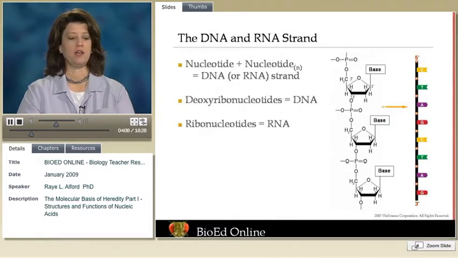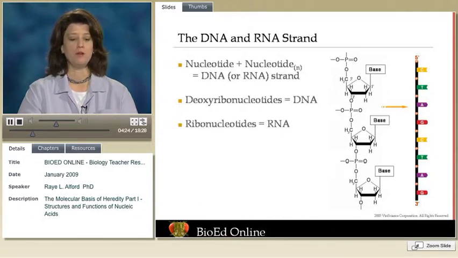DNA and RNA nucleotides join to one another through a single phosphate to form a string or a strand of DNA and RNA nucleotides. When deoxyribose sugar nucleotides join, they make a DNA strand, as shown in the drawing on the left. When ribose sugar nucleotides join, they make an RNA strand.